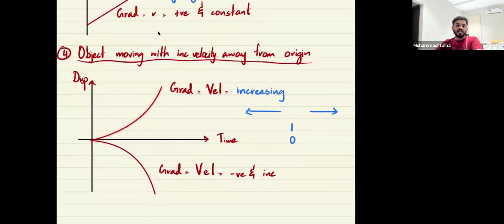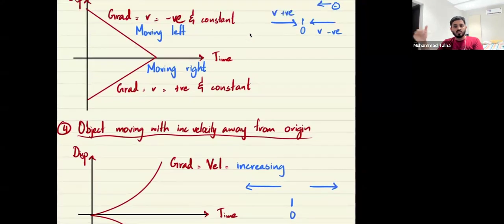This means gradient is increasing, and gradient in this case is velocity, so its velocity is increasing. Or the other way around, it's again getting steeper, so the gradient is getting more negative. This is the case where an object is moving with increasing velocity away from the origin. So if this is where it is at the origin, it's moving with increasing velocity either away like this or away like this. So these are some ideas about the graphs.